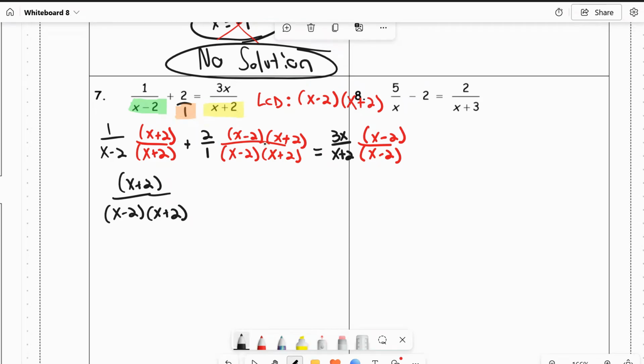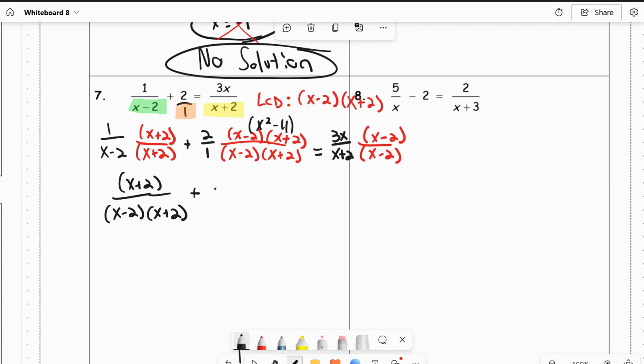Okay, over here, this is a difference of squares, if you guys haven't noticed this yet. So I could simplify this to just be x squared minus 4, and then multiply 2 into that.